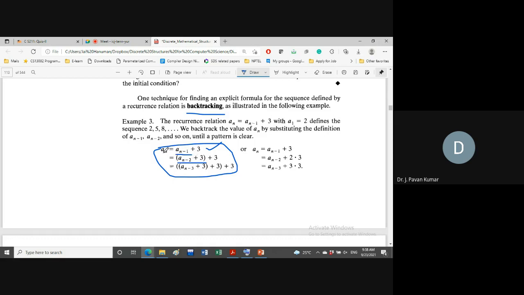An minus 1 again, instead of n, if you put n minus 1, we get an minus 2 plus 3, that we are substituting. Next, what is an minus 2? An minus 3 plus 3. Like this, we keep on substituting until we can generalize it. This particular method I told you as the substitution method to solve the recurrence relation. Yes or no? Substitution method.